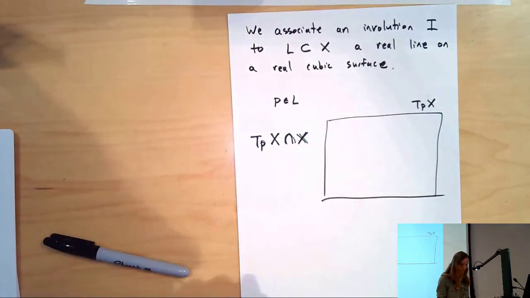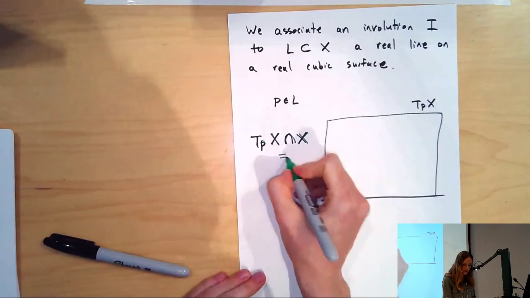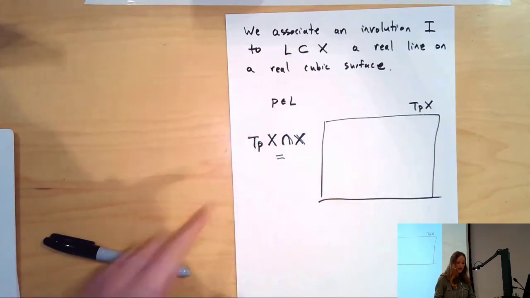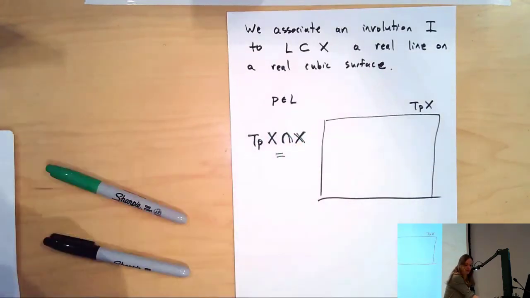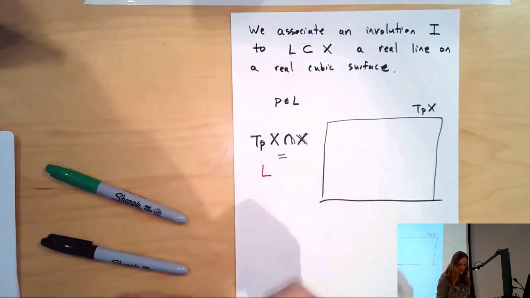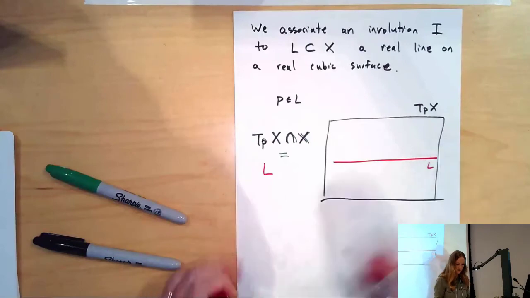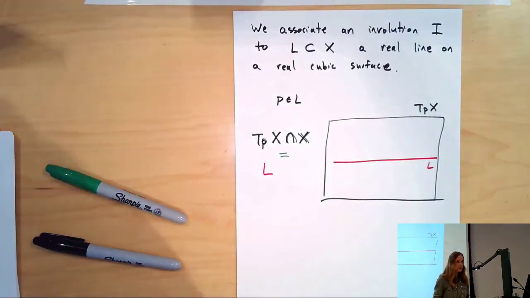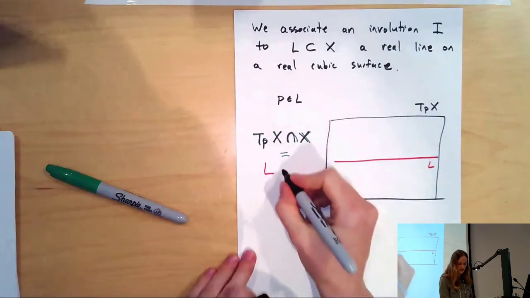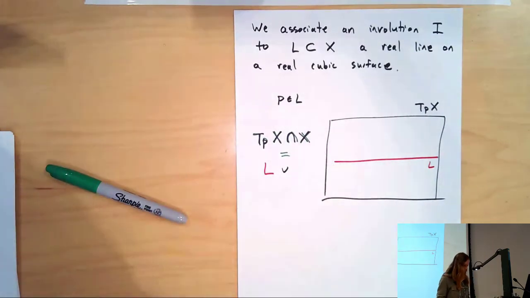One thing we know about the cubic plane curve is that it has to contain the line, because that's in both of the varieties we're intersecting. So this is the union of the line and something else. And by Bezout's theorem, since the total degree is 3, that something else has to have degree 2.